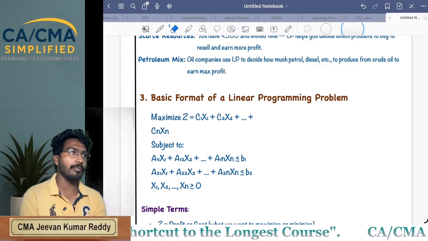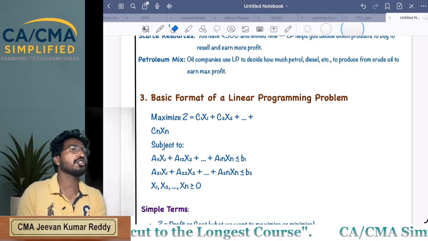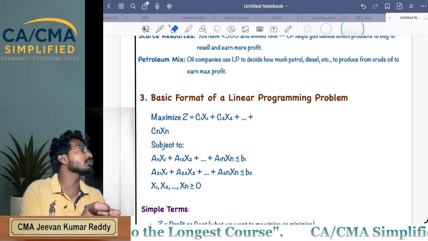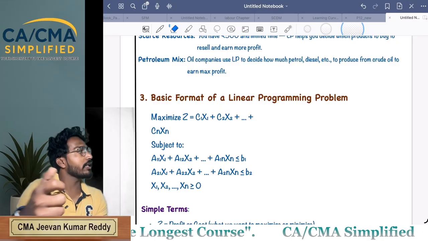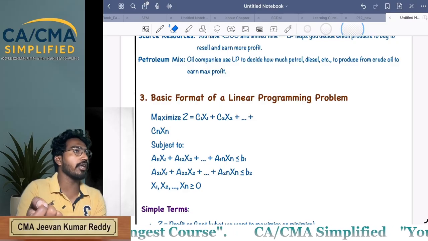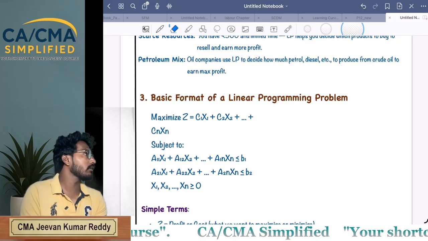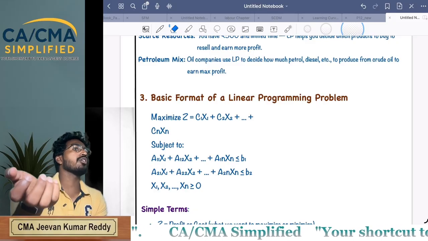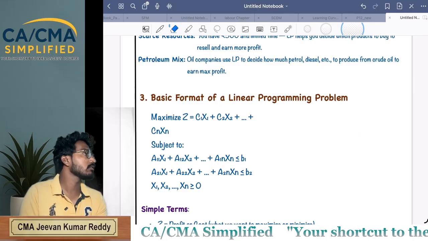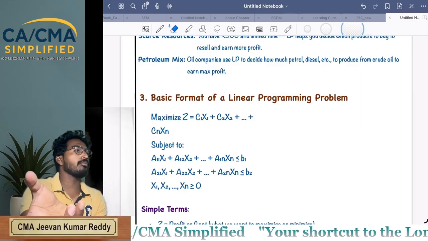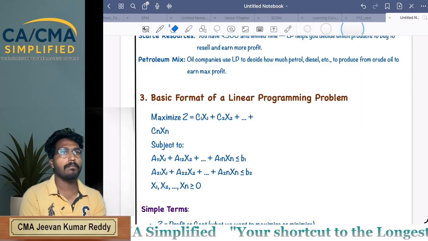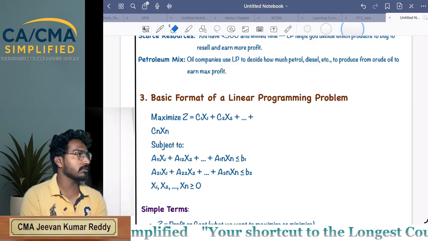Now the petroleum company will decide how much crude oil to use for producing petroleum, how much petroleum to take from that crude oil, and how much diesel to take from that crude oil. This is nothing but product mix.